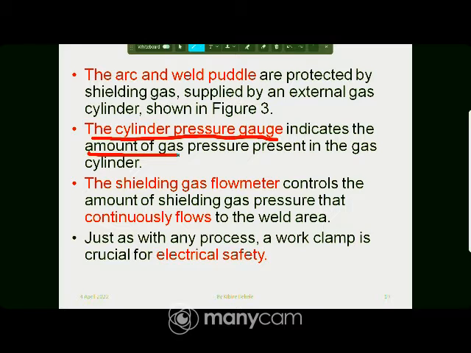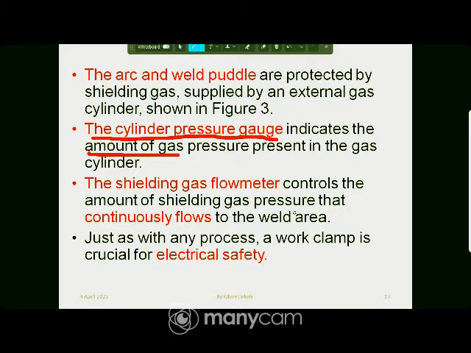And also there is the flow meter, which is attached to the regulator and controls the amount of shielding gas that continuously flows to the welding area to protect it. Don't forget that when adjusting the flow meter, it must depend on the diameter of the electrode.